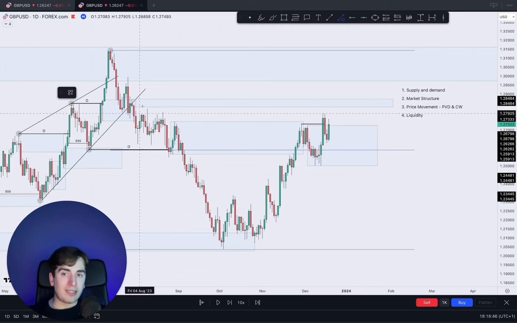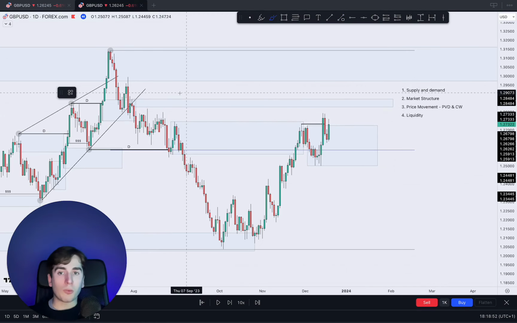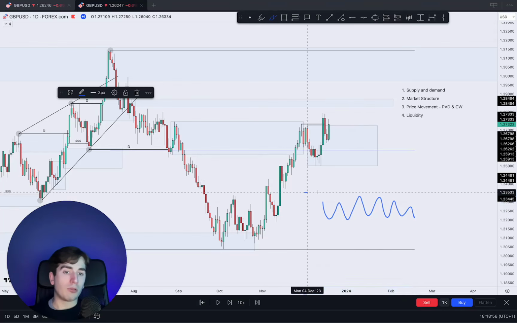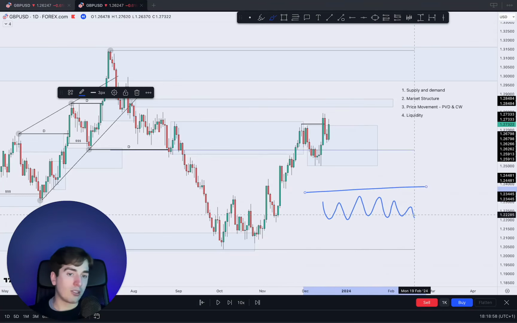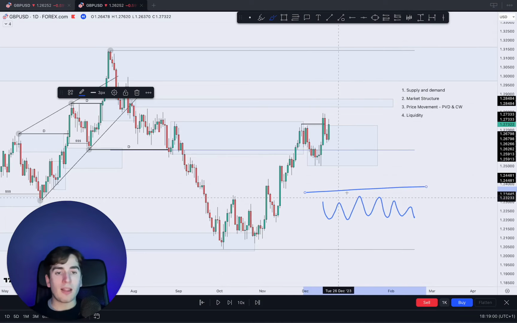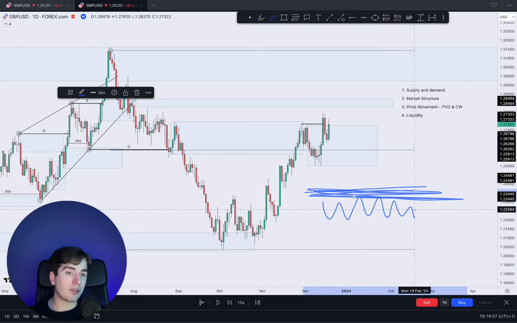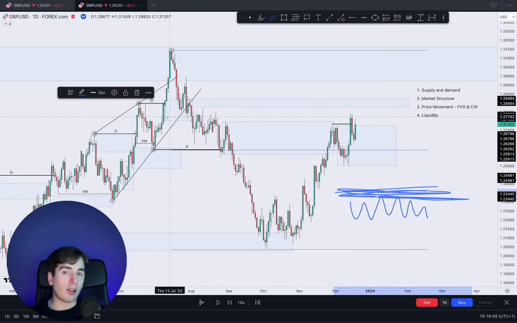Then after pointing out that area of supply, the next thing that we can do is look for liquidity. So liquidity is pretty much spotted in areas of consolidation, because people are under the assumption, or at least us as traders are under the assumption, that people go short at areas of consolidation because they see the top of consolidation as an area of resistance. So like I just pointed out, for example, over here we have support and resistance.